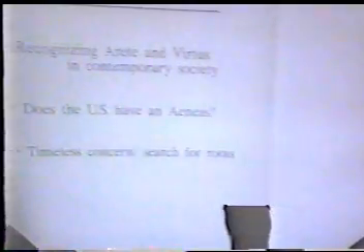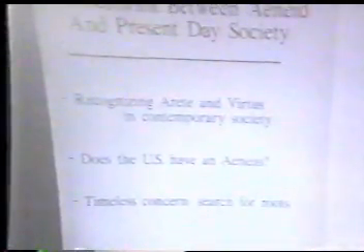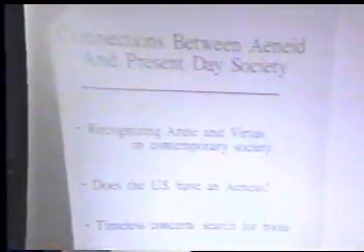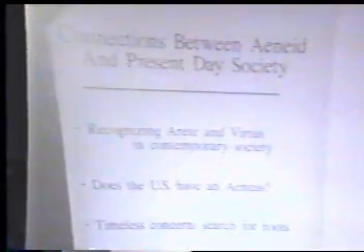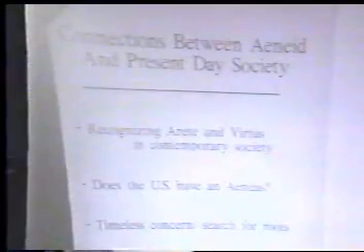In this next view graph, I want to look at connections between the Aeneid and present-day society. A main goal in the Humanities program, as I understand it, is for you to be able to make connections between humanities readings and contemporary society.